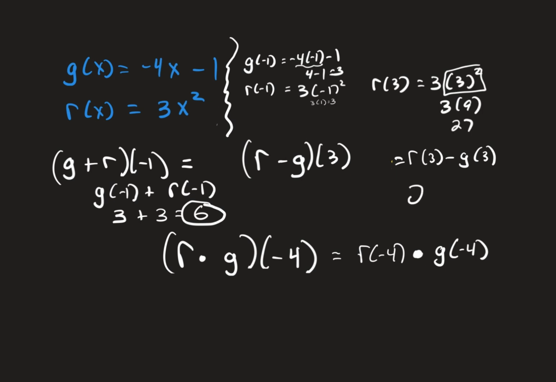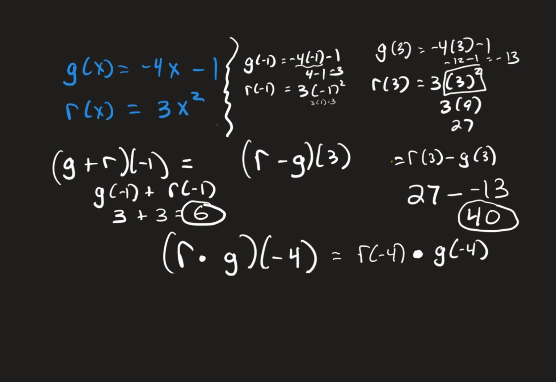So r of 3 is 27. G of 3, negative 4 times 3 minus 1. So that's negative 12 minus 1, which is negative 13. So that's 27 minus negative 13, which is 40.